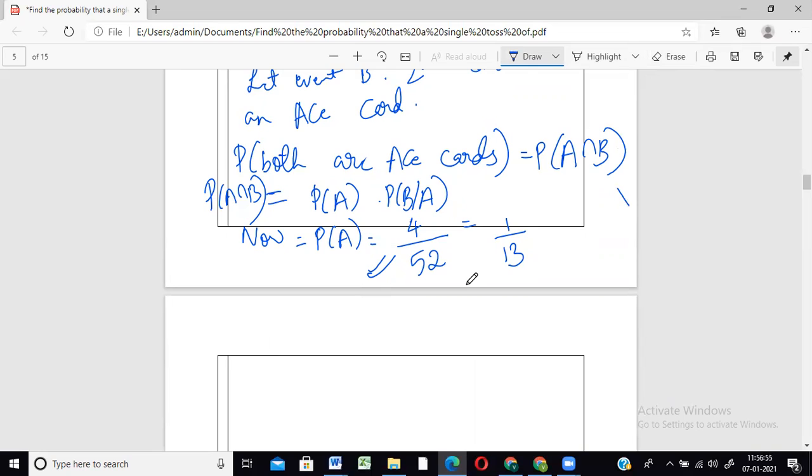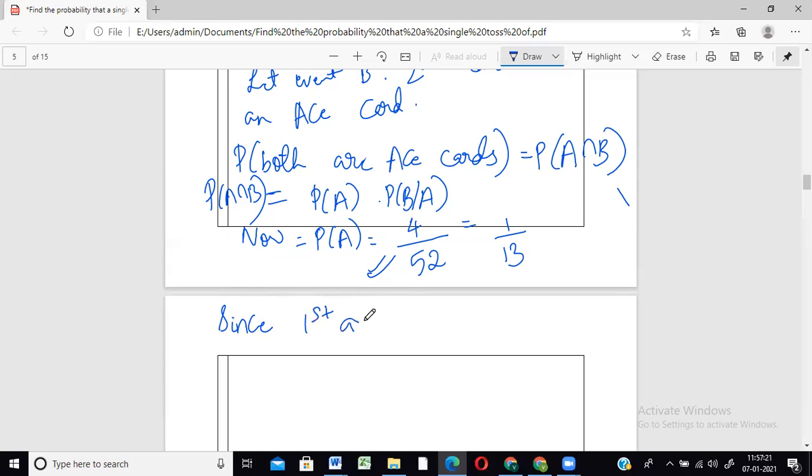Now we have found the value of probability of A. We have to find the probability of B such that A has already occurred. They have told you clearly, because of the words without replacement, that an event has already happened. It means the first ace card we picked is not being replaced, correct? So now how many cards remain? Only 51, as I said.